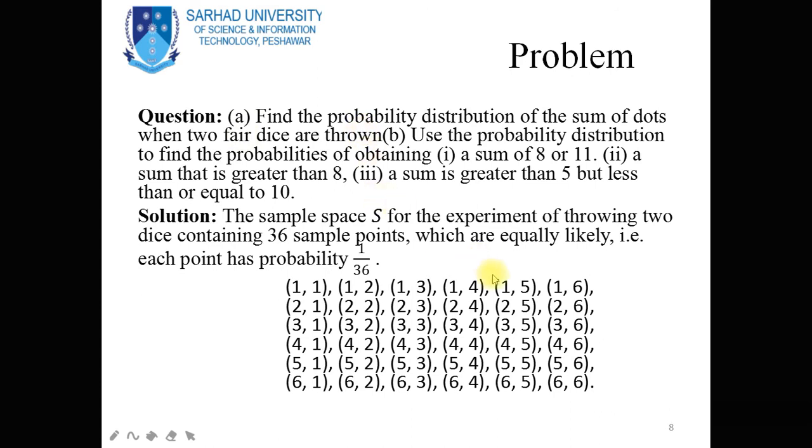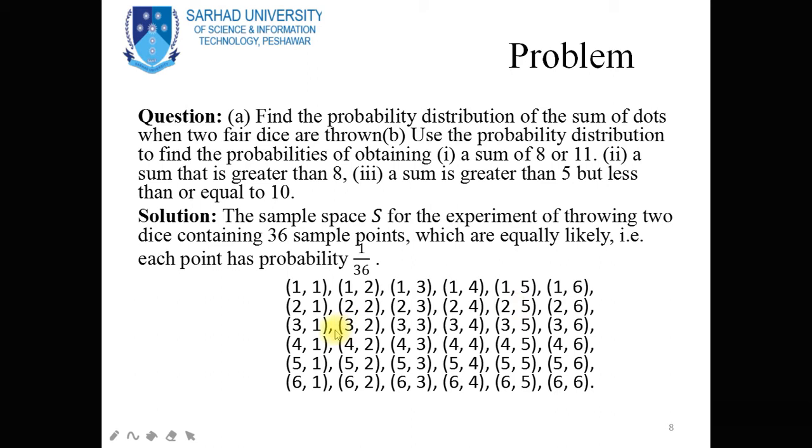we have all these possible outcomes for this experiment, and we have already discussed this experiment in the previous video lecture, that there are 36 possible outcomes. When we throw two dice, maybe we obtain 1 1. If we fix the result for the first die, that is 1, and vary the result of the second die, we may obtain 1 1, 1 2, 1 3, 1 4, 1 5 and 1 6.